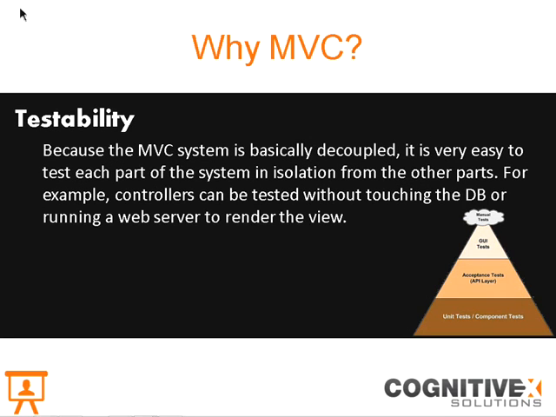So the next reason we have is testability. Because the MVC system is basically decoupled because of that separation of concerns I was just talking about, it's very easy to test each part of the system in isolation from the other parts. For example, a controller can be tested without ever having to touch the database, or even fire up the web server in order to render the views.